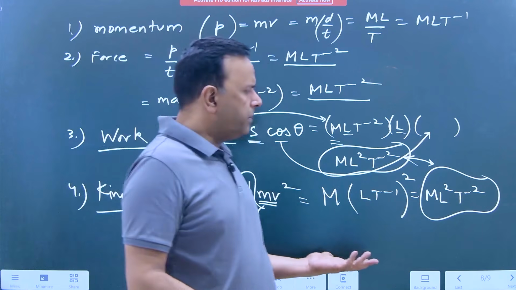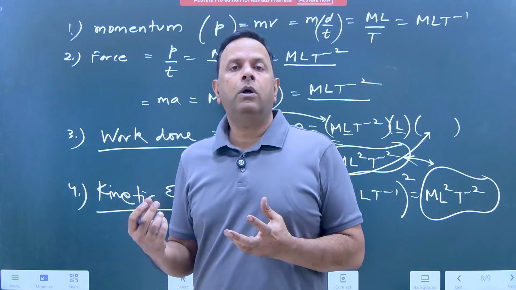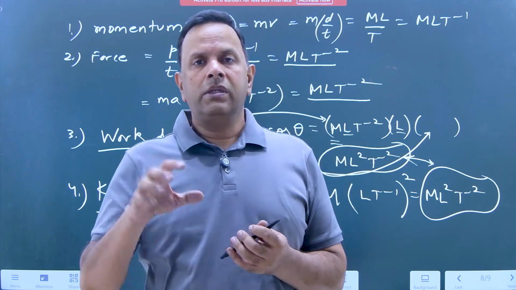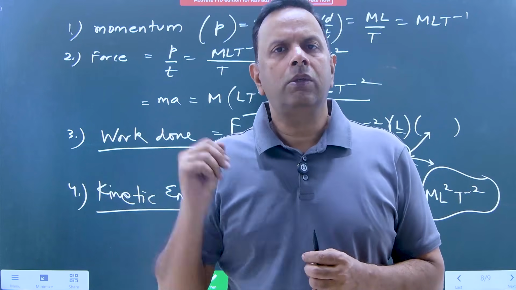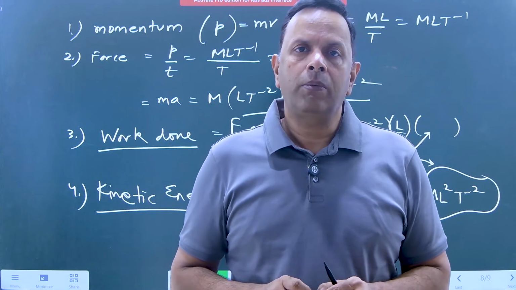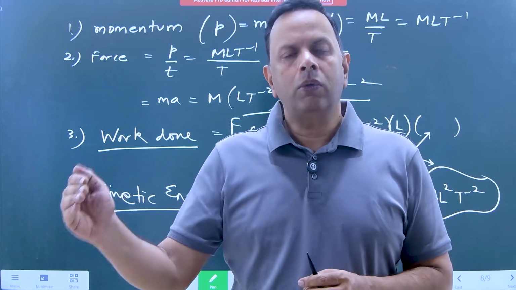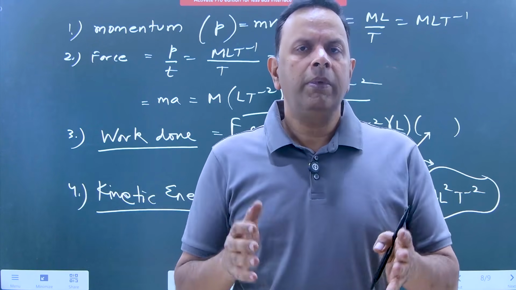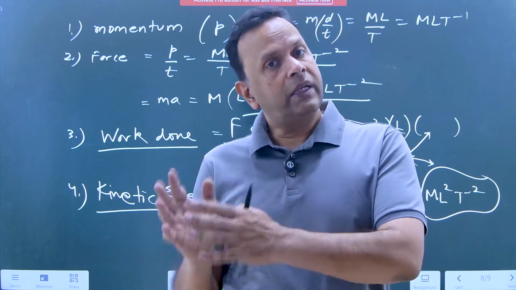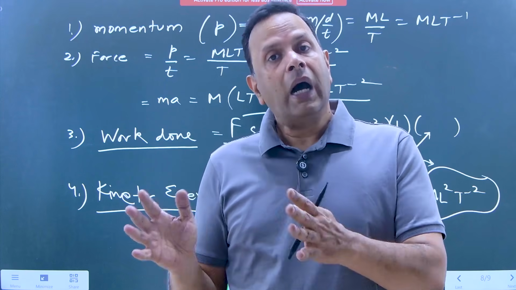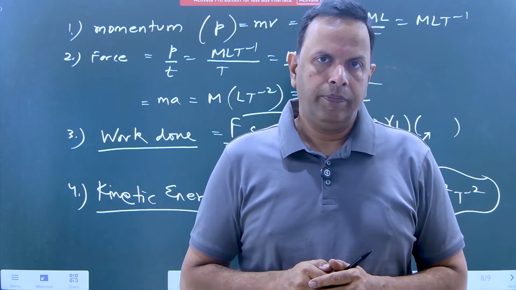But let's take the example of angle. What is the dimensional formula of angle? M0 L0 T0. What is the dimensional formula of refractive index? M0 L0 T0. So tell me, do the angle and the refractive index have the same dimensional formula or not?